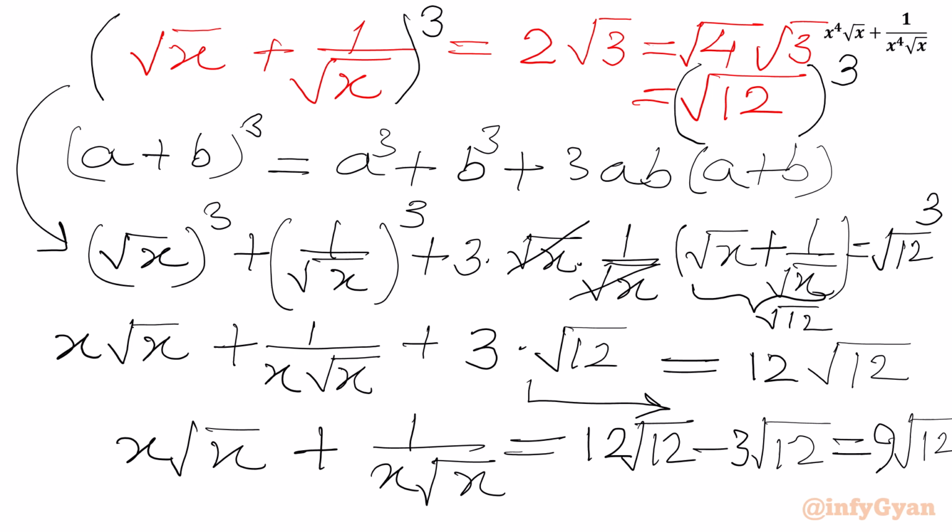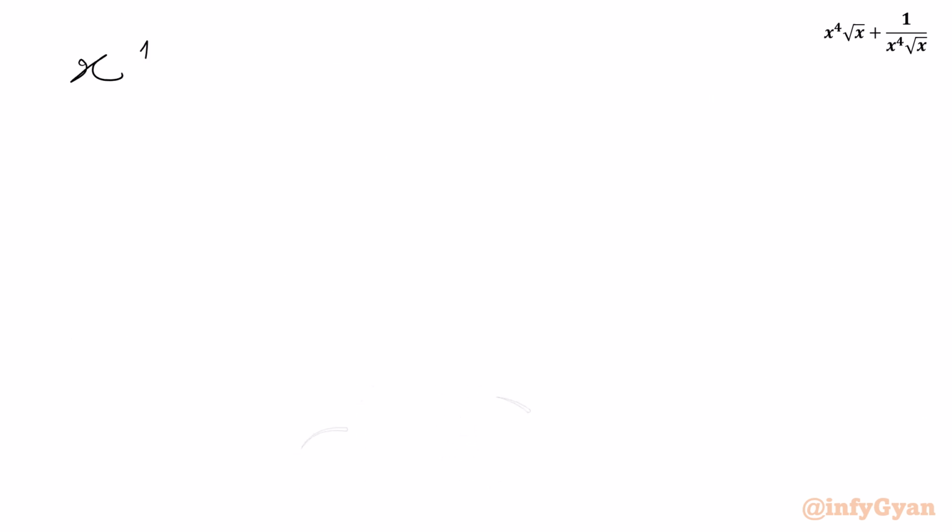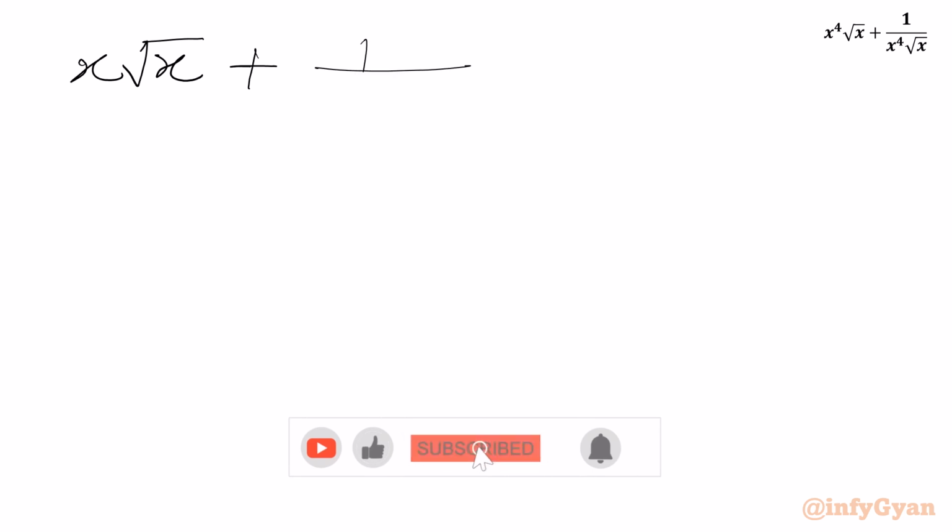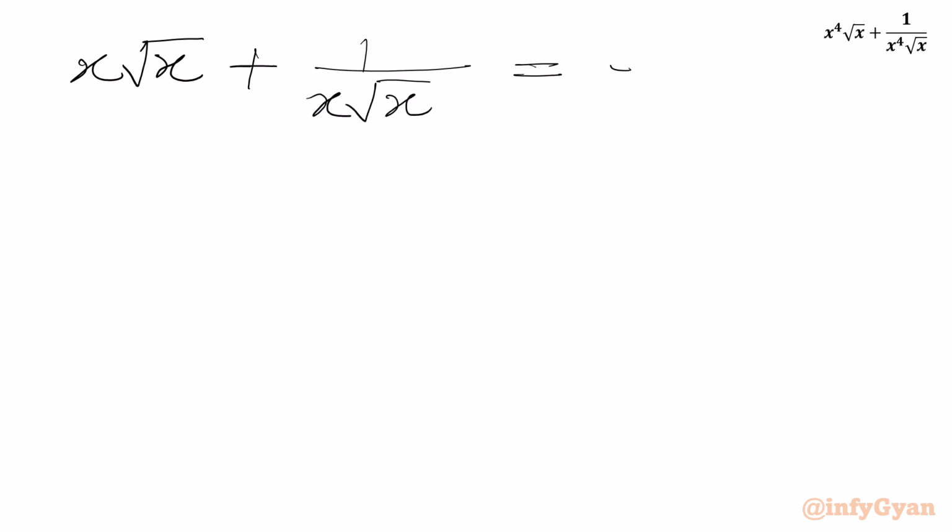So x root x plus 1 over x root x is equal to 9 square root 12. Now still it is not matching.